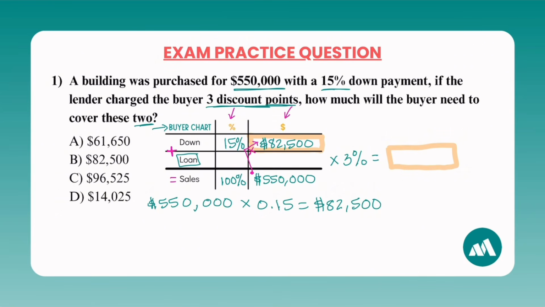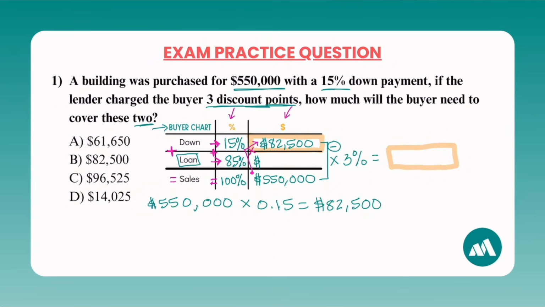Now we have to find the loan amount, the loan dollar. We can find this in 2 ways. We could find it by simply subtracting these two totals, or remember, this down percent plus this loan percent has to always equal 100%. So we could also subtract 100 minus 15%, and we see that our loan percent is 85%.